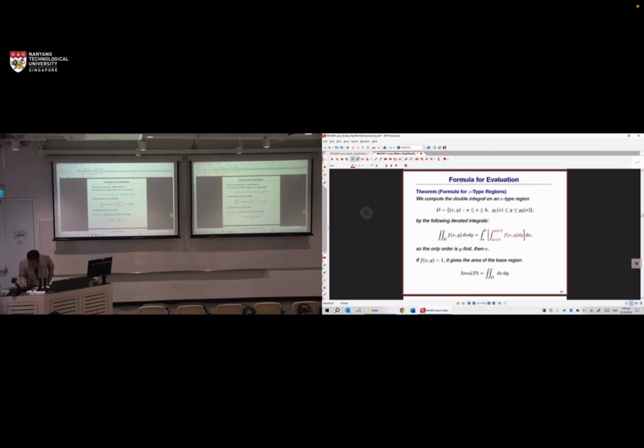Now, every time you have identified it is the X type, you want to compute the double integral on the X type. You already know this.